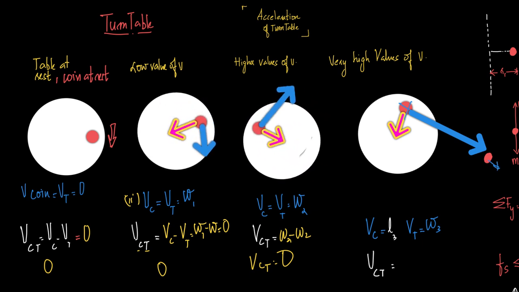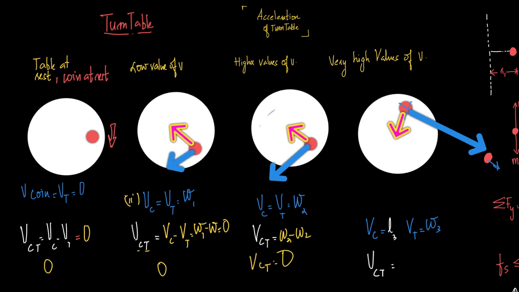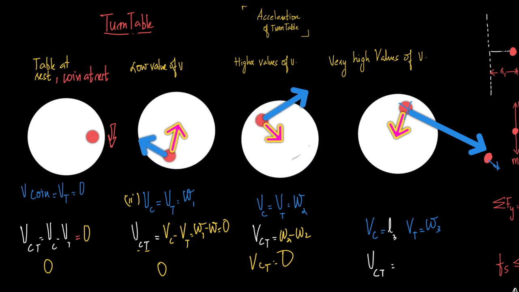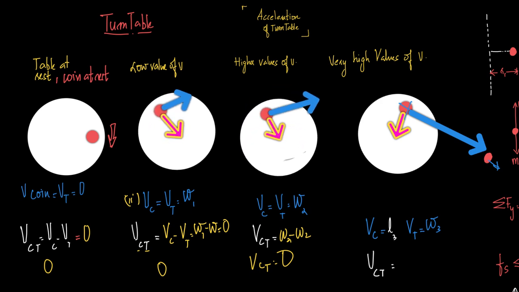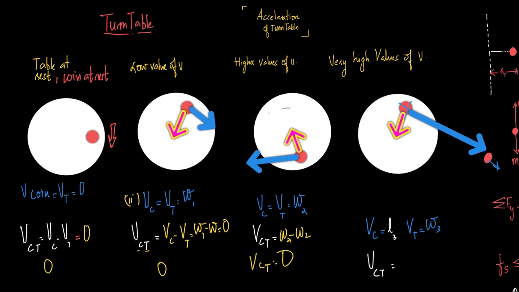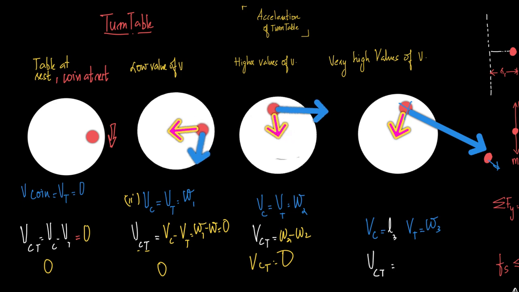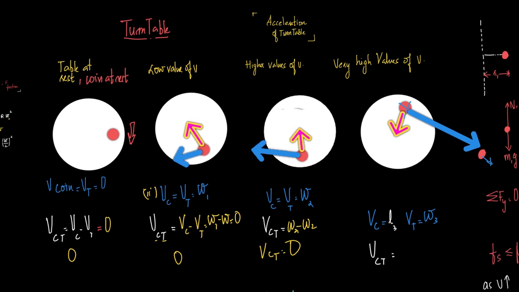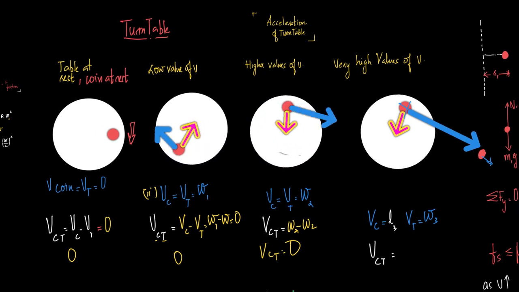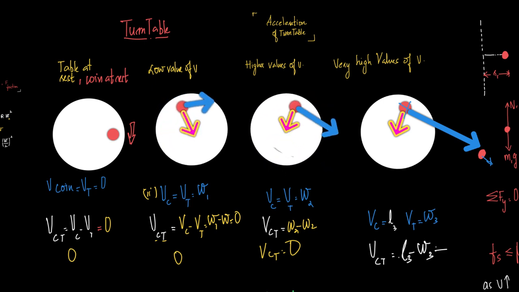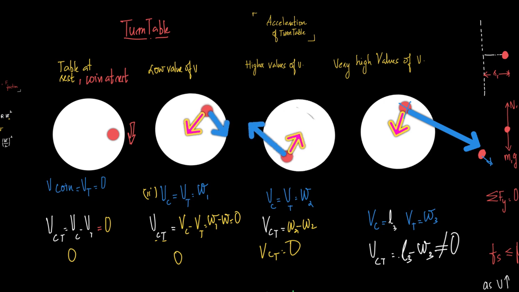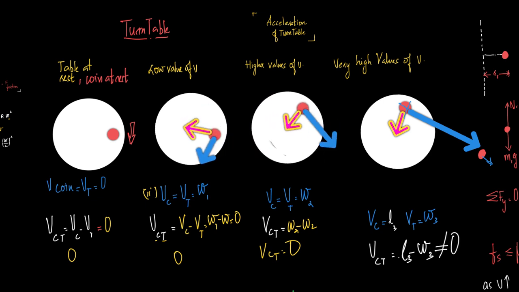Now the coin has left the table. It is moving with some other velocity, right? Let us call that velocity L3. But the table will still be rotating with velocity V3. And now if you see, velocity of coin with respect to table is actually equal to L3 minus omega 3, which is definitely not equal to 0, right?